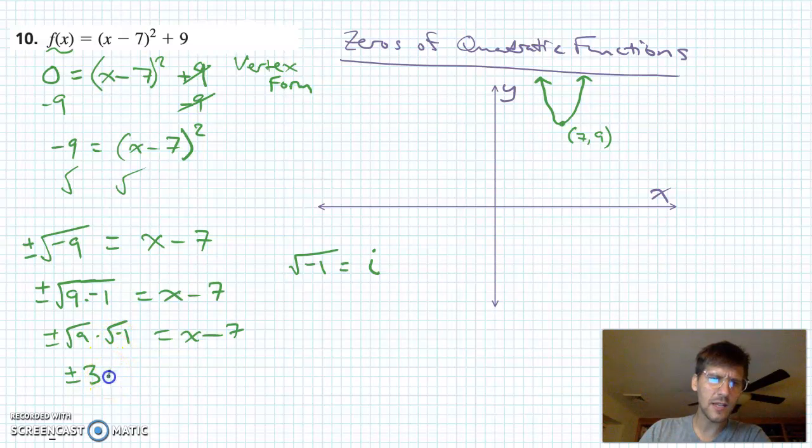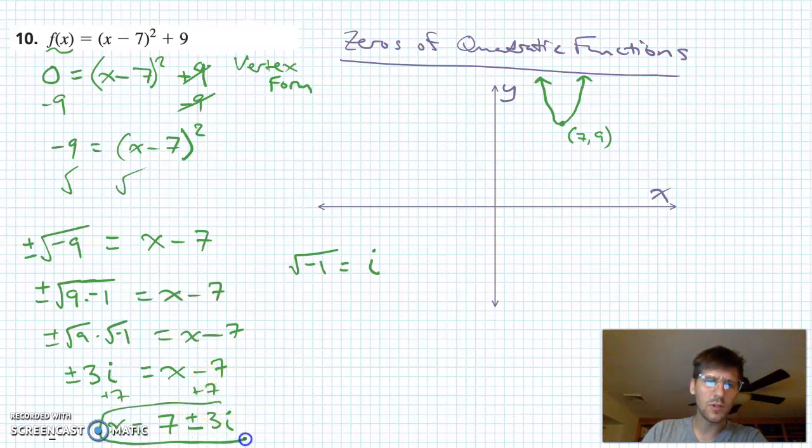And now we're saying that the square root of negative 1 could be replaced with i. Now all I have to do is add my 7 to both sides. And I'm actually going to now put my x here. So even though this is not a real zero, as we said, it's an imaginary zero, this would have two imaginary zeros at 7 plus or minus 3i.